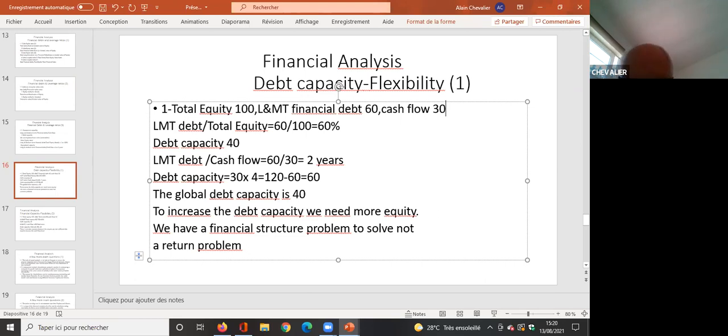But it takes 1-2 years to do that. Okay. The other possibility, which is very often used by companies, is to say, okay, I need to increase my cash flow now for 2 years. The main possibility is to sell some assets.